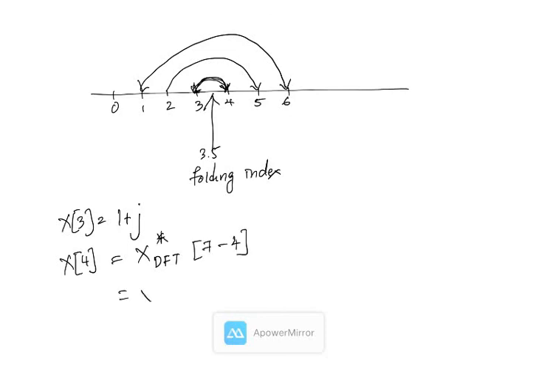So I will get the conjugate of X DFT 3. X3 is 1 plus j, so conjugate, I get 1 minus j. So that is quite simple and straightforward, and you don't need to calculate using the formula. Alright? So we can understand.